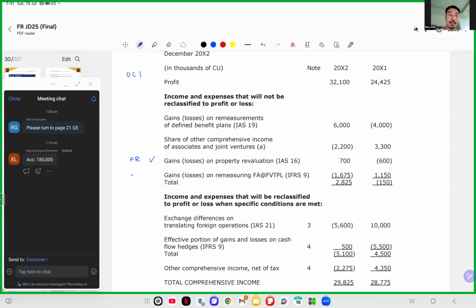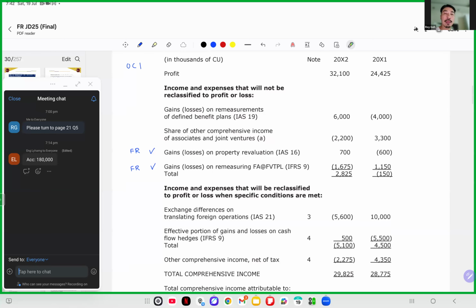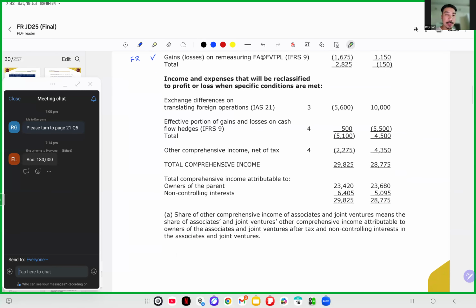You only learn fair value to OCI. So the rest you don't care. You ignore plan benefit, associates, translation, all this you don't care, until you come to my SBR, then you care. But in the meantime, you only have these two in your financial reporting syllabus.